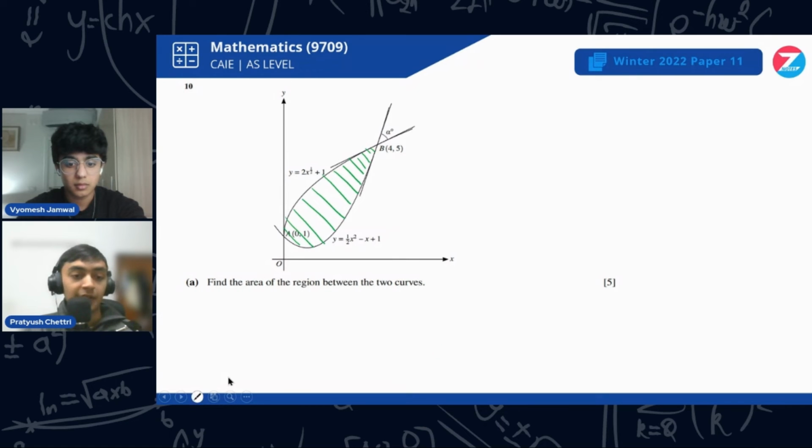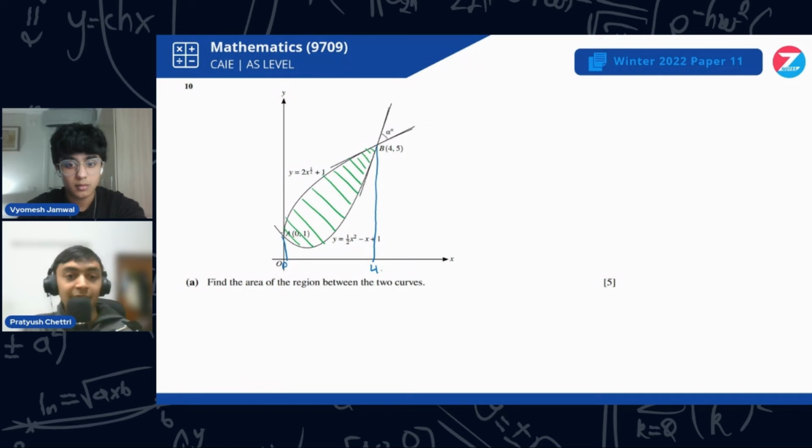How can we find this area? Well, what I can already see is they've given me the point B, so I don't need to simultaneously solve or anything. And this is obviously just 0. So this is 4 on the x-axis.